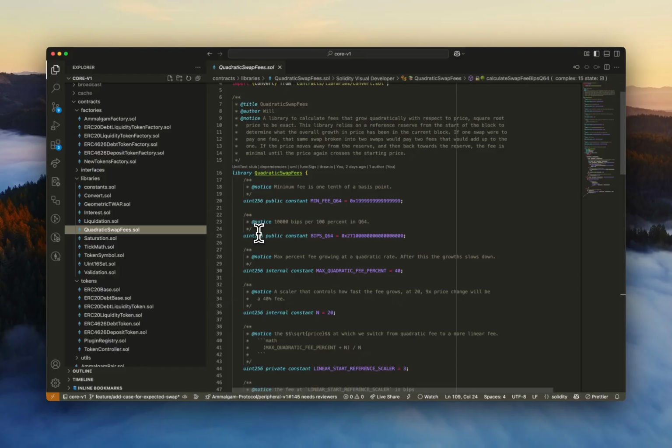So this essentially keeps increasing the swap fee the further you move away from the price, to accomplish two things. One, the cost to manipulate the price is no longer trivial.